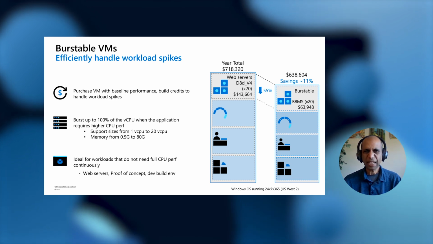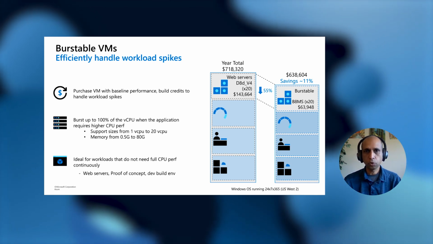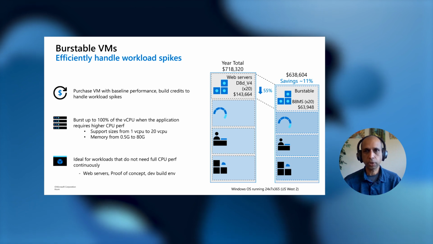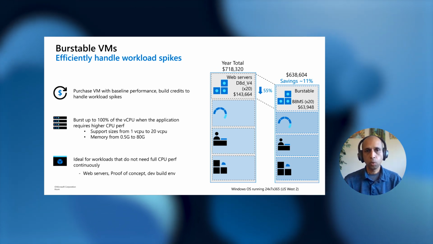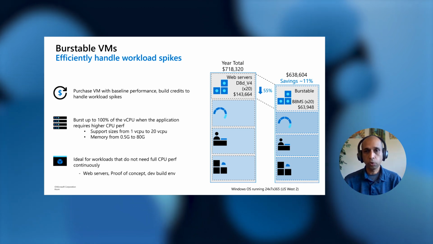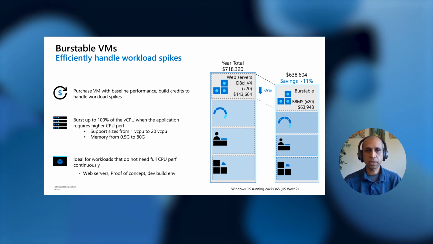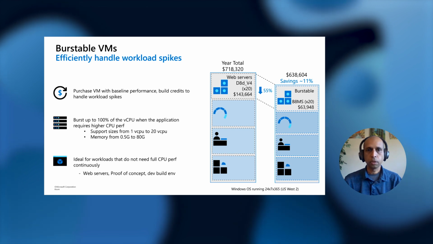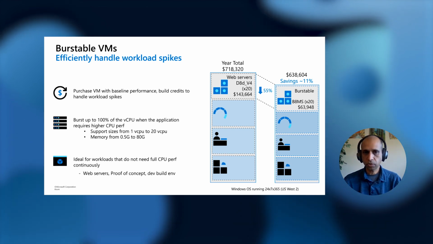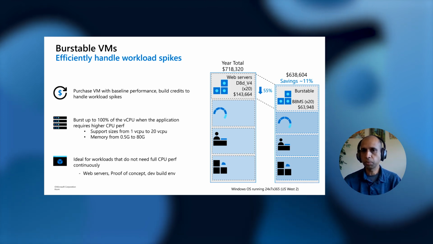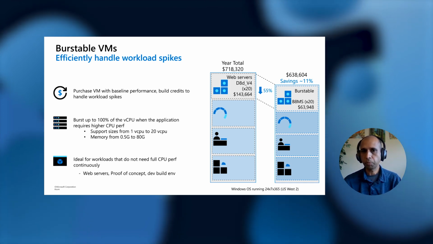And when you're using less than the baseline performance, you actually build credits that you can later use when the workload spikes. When the workload spikes, you're able to burst up to 100% of the vCPU. We offer a wide range of sizes from 1 virtual CPU to 20 vCPUs. So in our application model, if you replace the web server workload with burstable VMs, you see a 55% drop in cost.